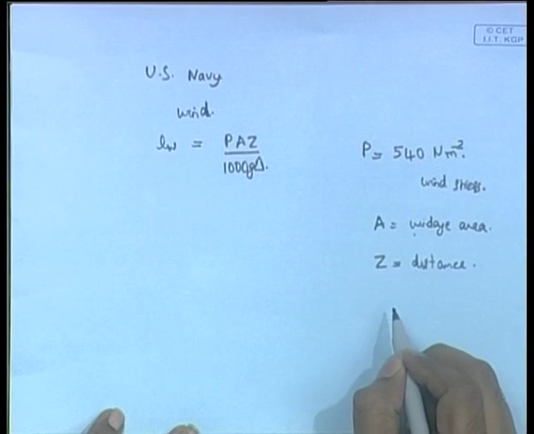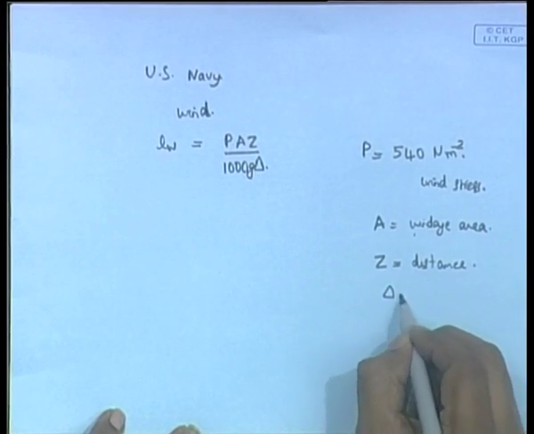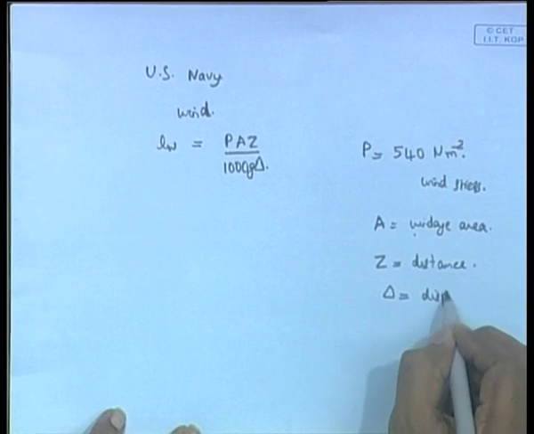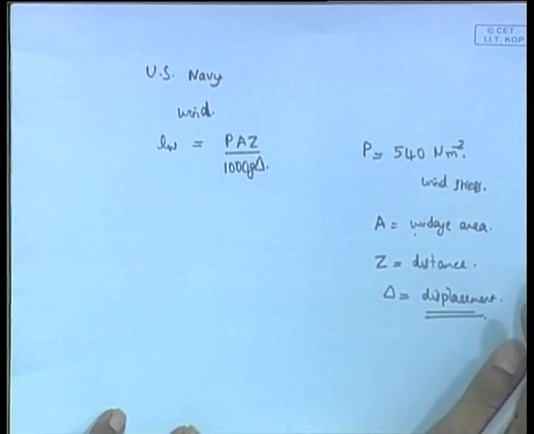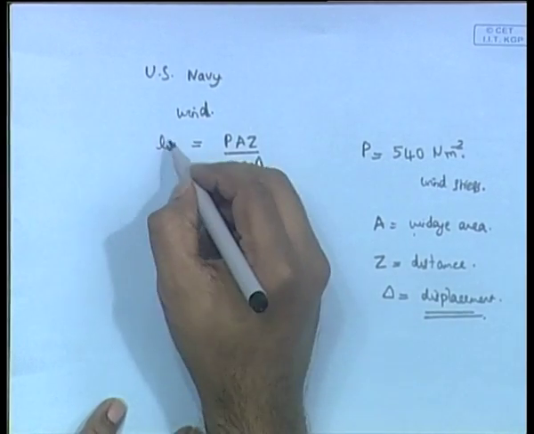So, the distance between the centroid of the windage area and T by 2 is Z. G is the acceleration due to gravity, and delta is the displacement of the ship.